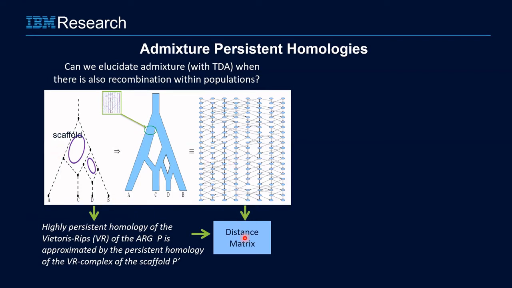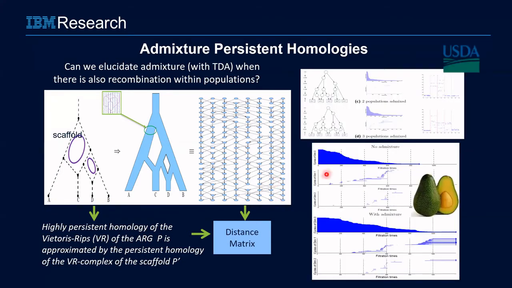But of course, in practice you have only the distance matrix, or distance between the leaf nodes, and from that you can possibly deduce recombination. We ran this on simulated data, complex scenarios of simulation of admixture, and we assured ourselves that we could separate the admixed population from the non-admixed population.